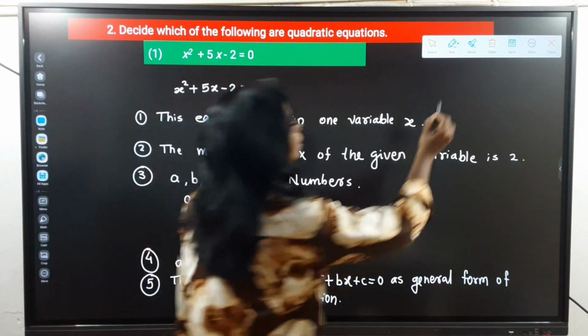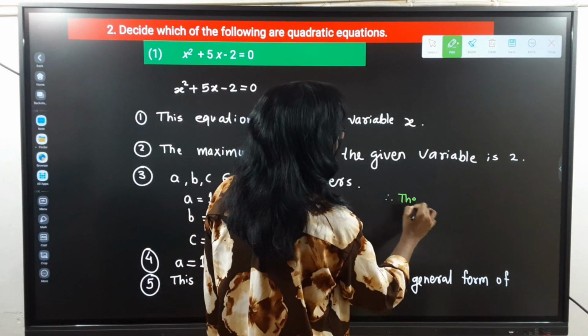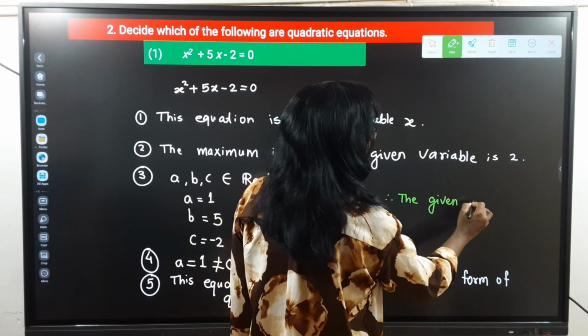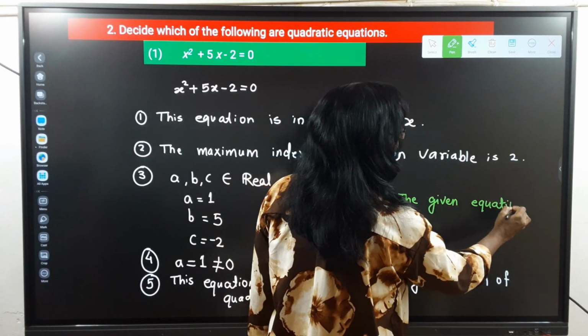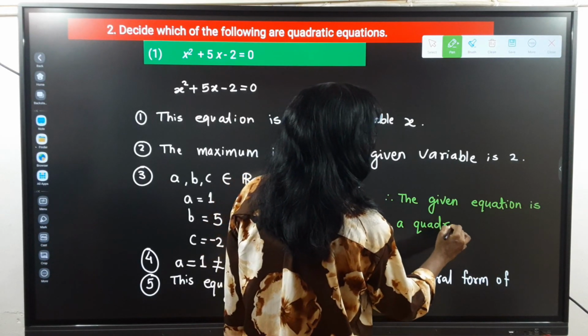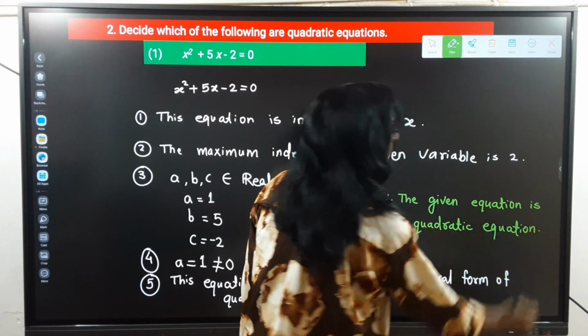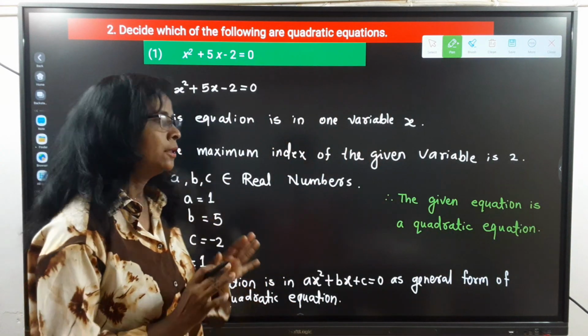And therefore we say that the given equation is a quadratic equation.